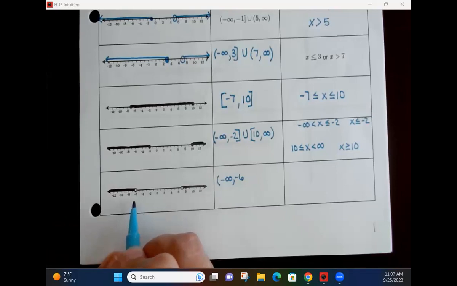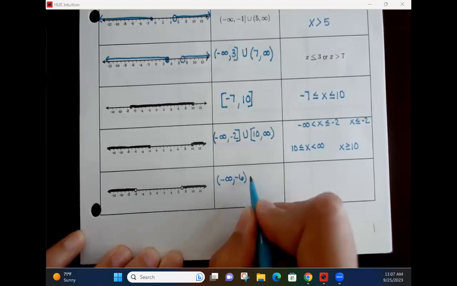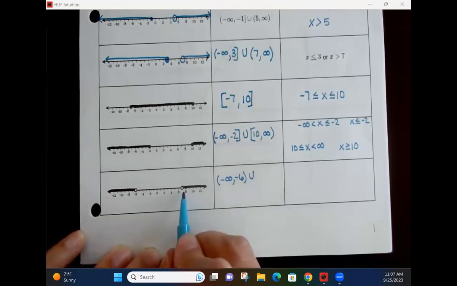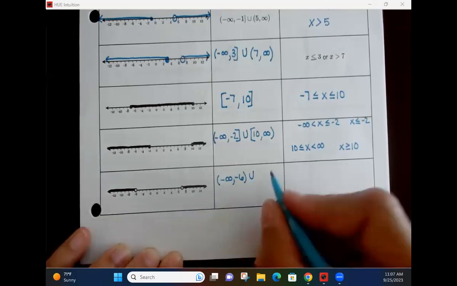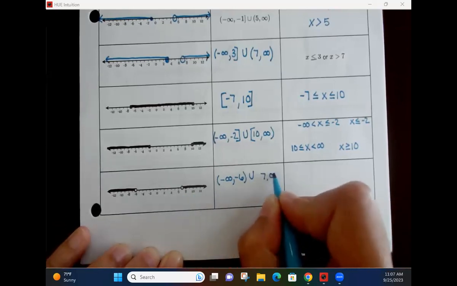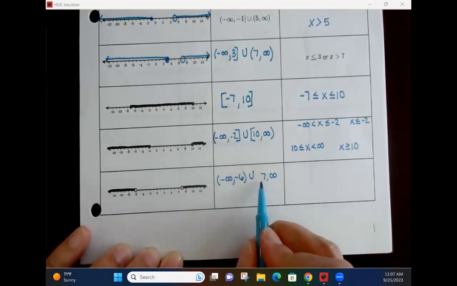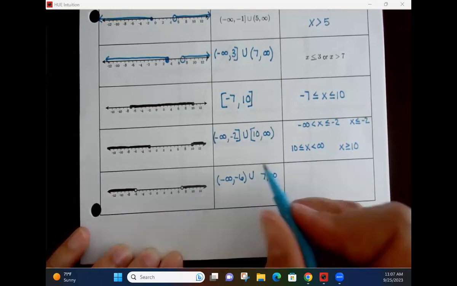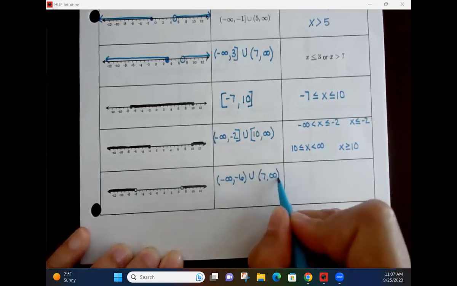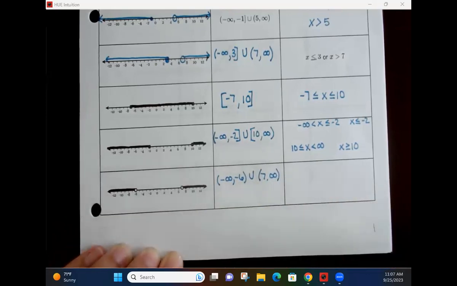Parenthesis or bracket? Parenthesis. And then for my other section here, we start at 7 and then continue forever. This would be 7 to infinity. Parenthesis or bracket at 7? Open circle, parenthesis. And then always a parenthesis at infinity.